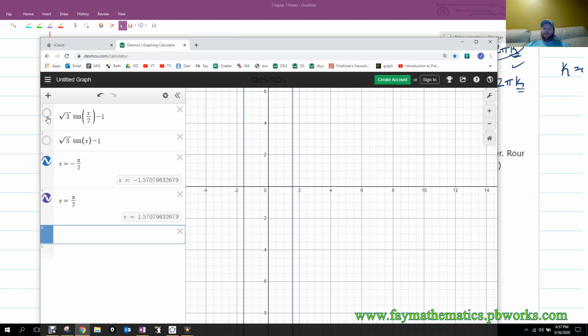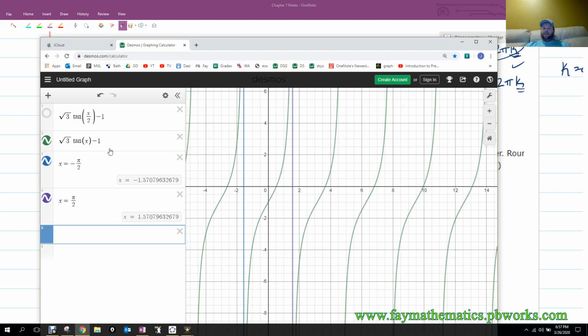So the algebra that we go through is effectively demonstrating how much it needs to be pulled in the horizontal direction when we multiply by that 1/2.